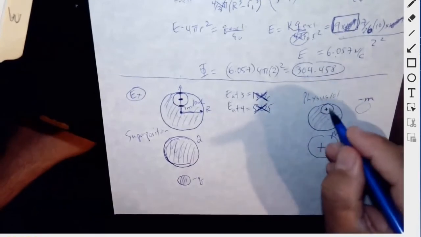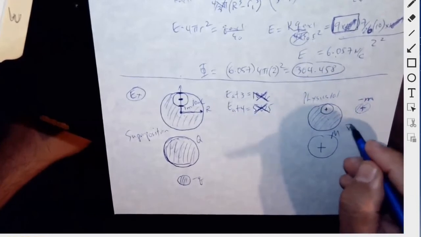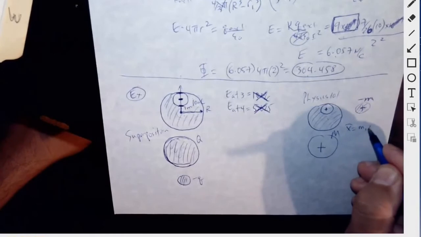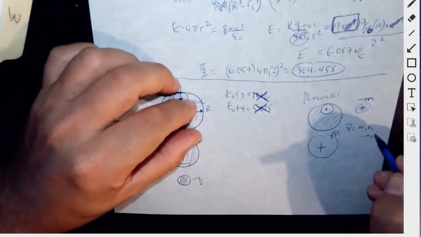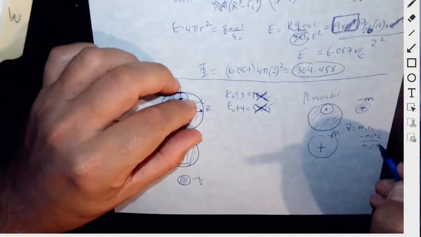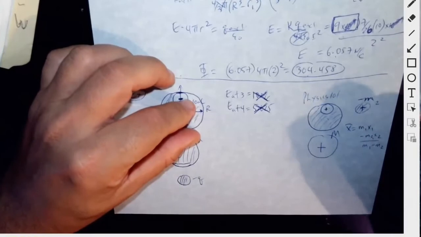So x center of mass is m1 x1 minus m2 x2 over m1 minus m2, where m2 is considered a negative mass.